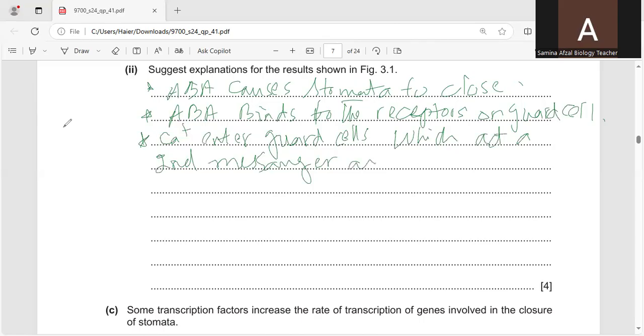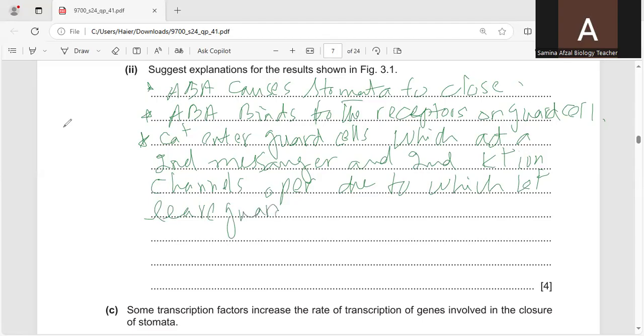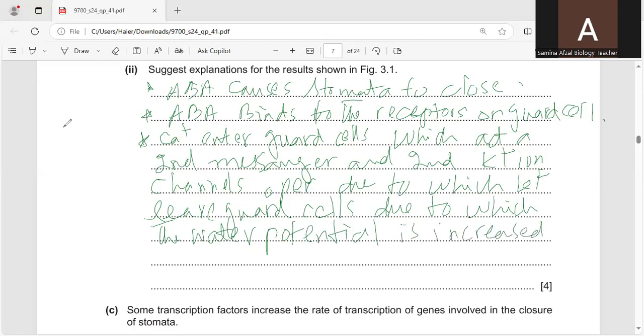And second, potassium ion channels open, due to which potassium ions leave the guard cells, due to which the water potential is increased in guard cells.